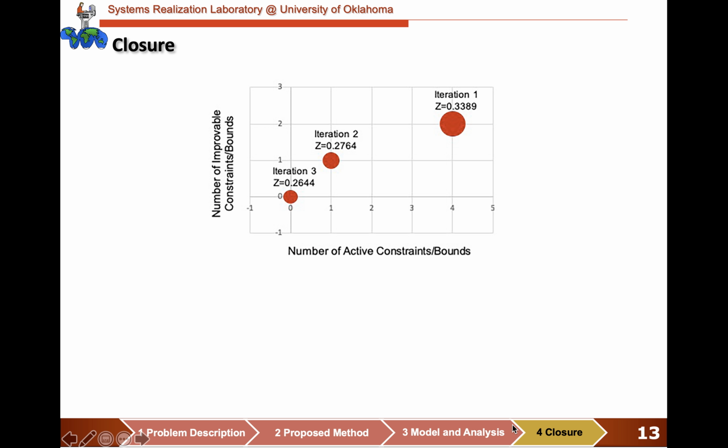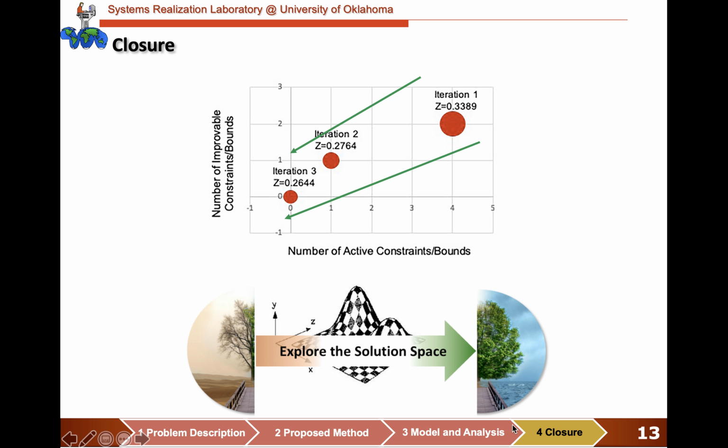The size of the bubble represents how far a solution is away from the target of the goals. So we want to bring the bubble from the upper right to the bottom left, meanwhile reduce its size. We did this in 3 iterations. Through exploring the solution space, we can finally make the socio-ecological system sustainable.